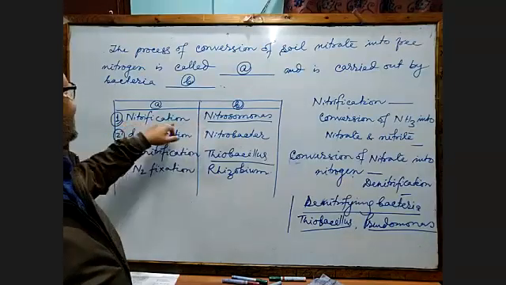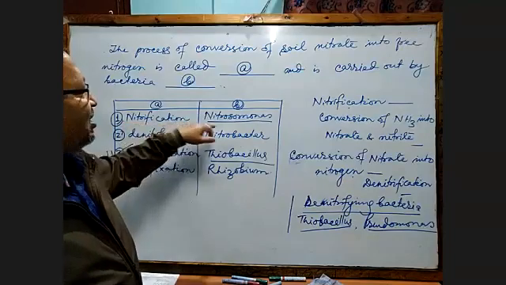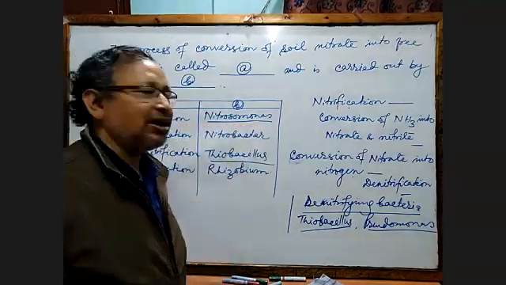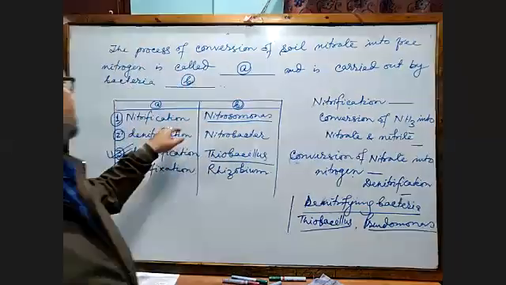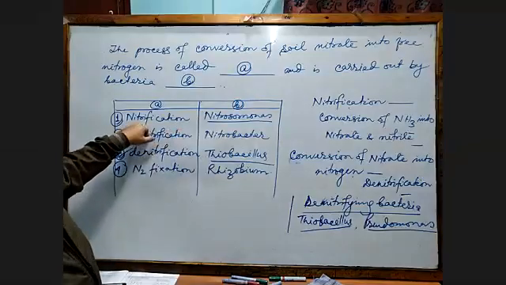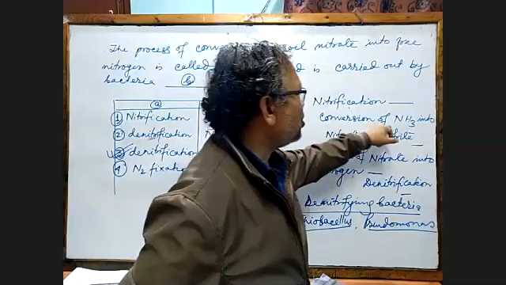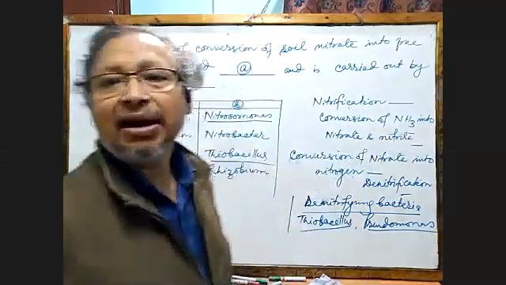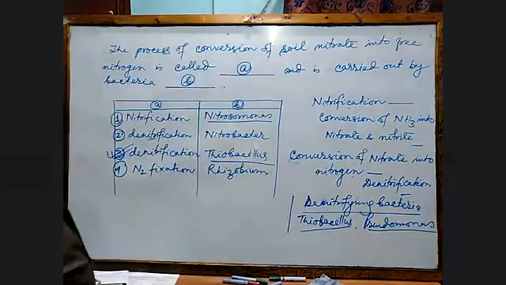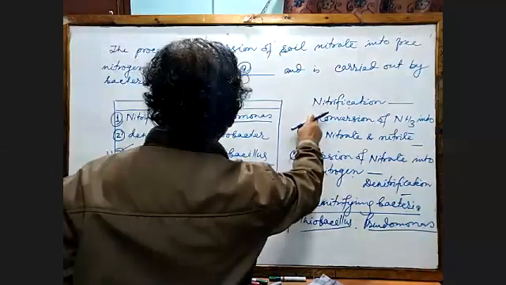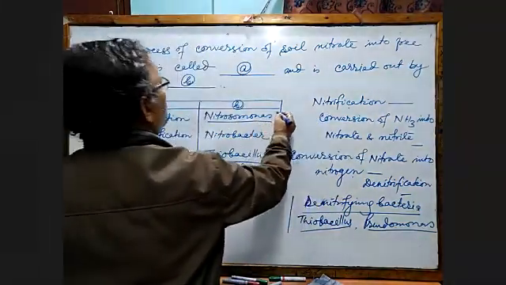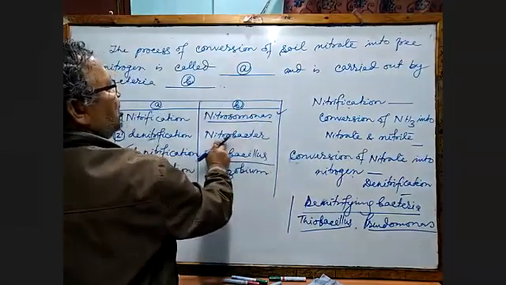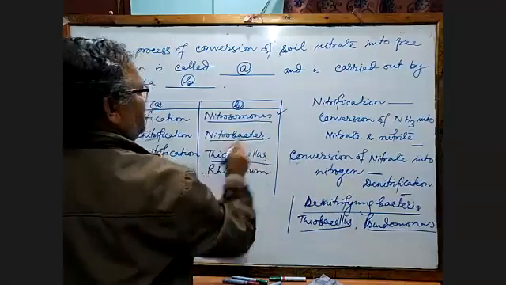This one is nitrification. Nitrification is carried out by nitrosomonas. Nitrification is the conversion of ammonia into nitrate and nitrite. So this nitrification is carried out by nitrosomonas as well as nitrobacter.